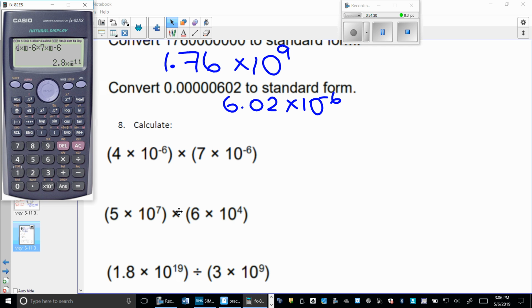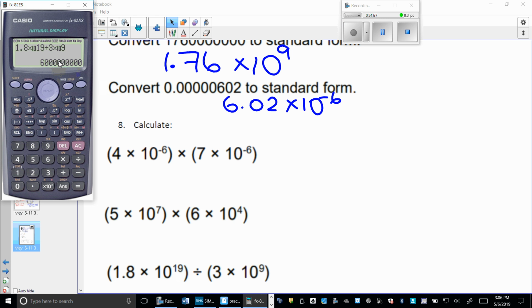Okay? Next one. 5. Special button. 7. Multiply by 6. Special button. 4. Again, they've given it to you in standard form. The next one. 1.8. Special button, 19. Divided by this time, 3, special button 9. Okay, they write it like this.